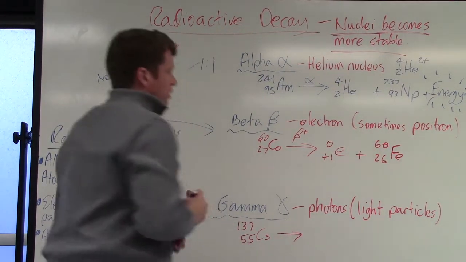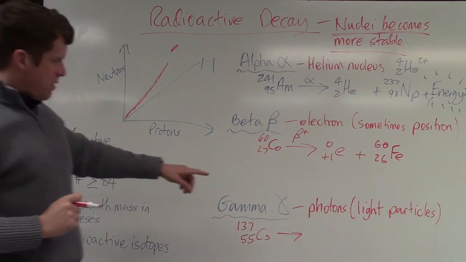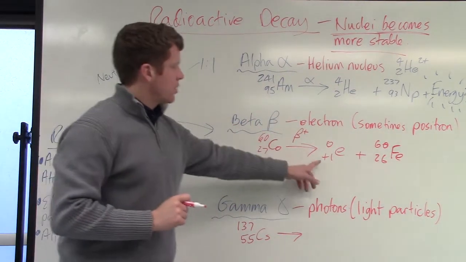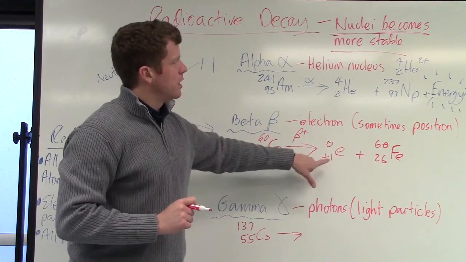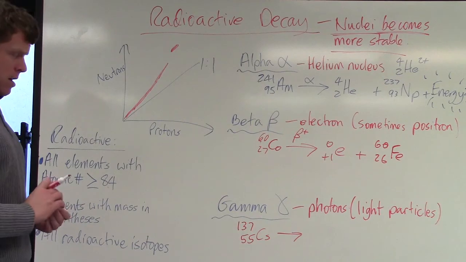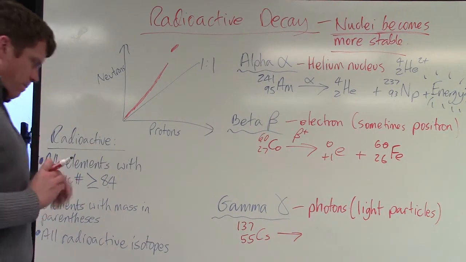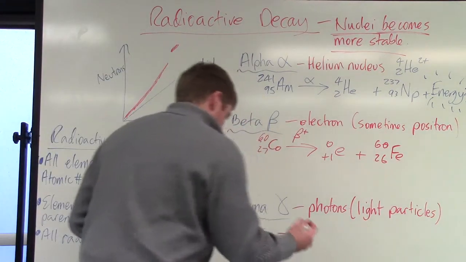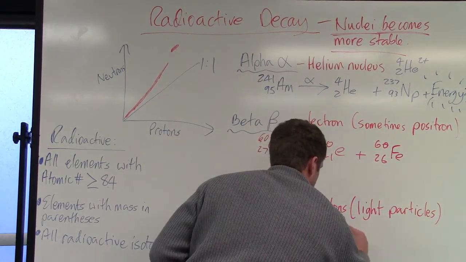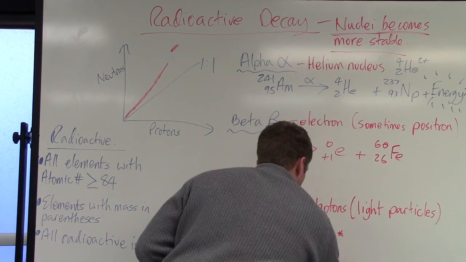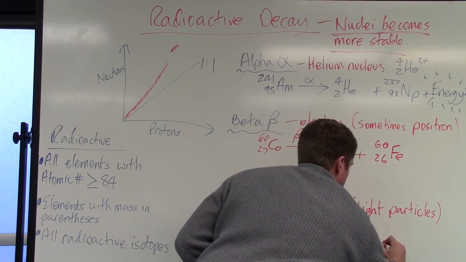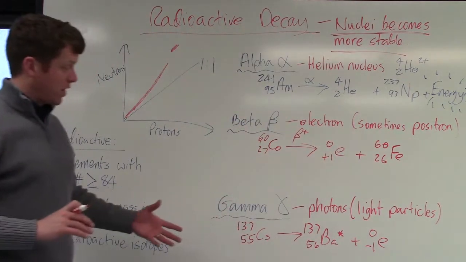There's particles produced, but they're light particles. So it's not necessarily a particle like an electron or a nucleus or a small nucleus. It's light particles. So if something undergoes this kind of decay, it's usually associated with another type of decay.